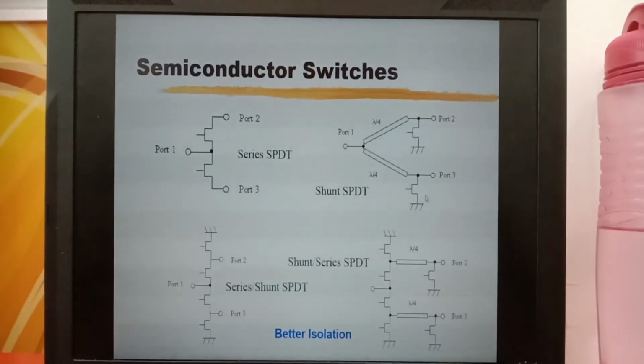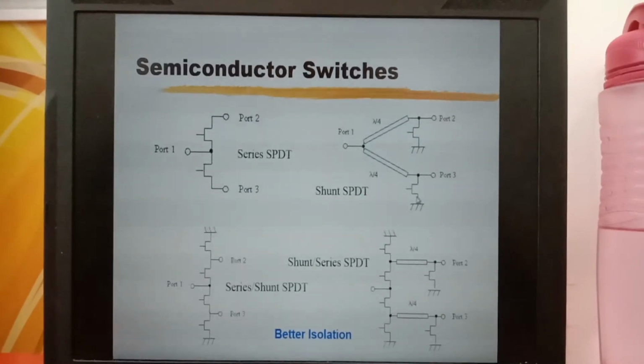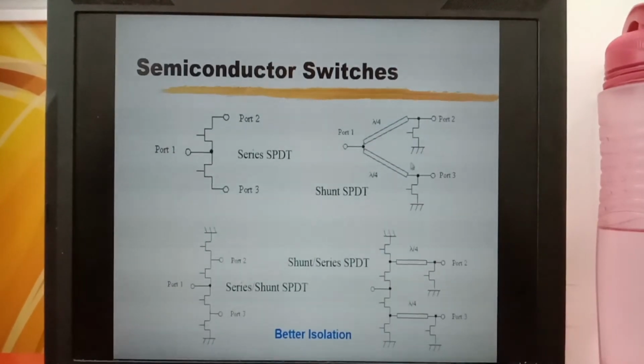And further, with the transistor turned on, port 3 is shorted to ground, and this provides additional isolation between port 1 and port 3 when the second transistor is turned on.